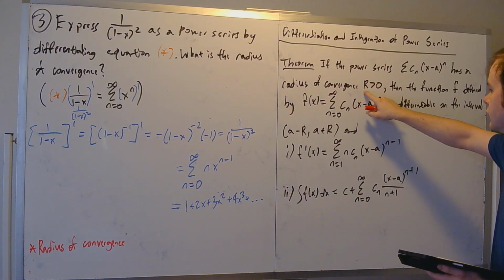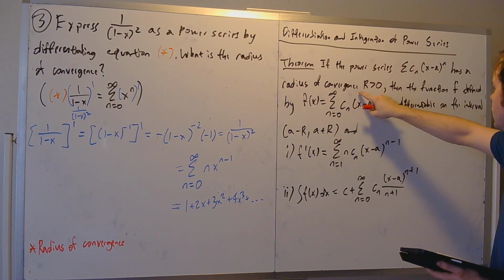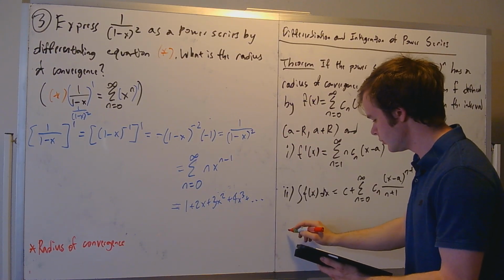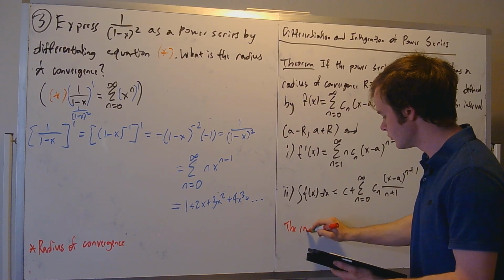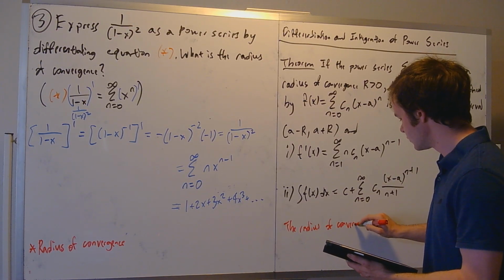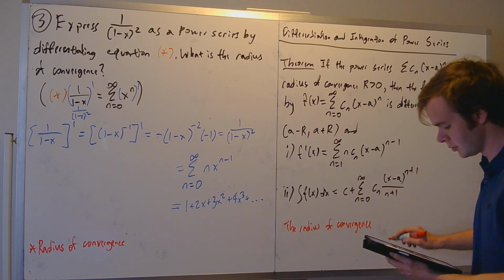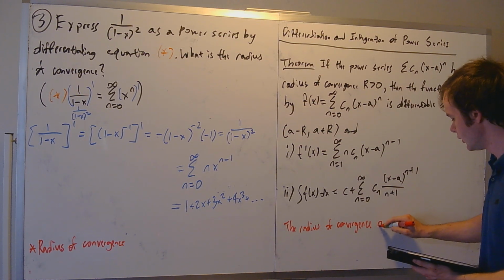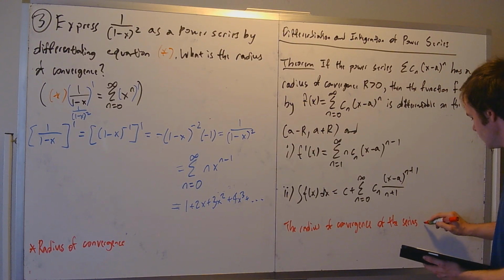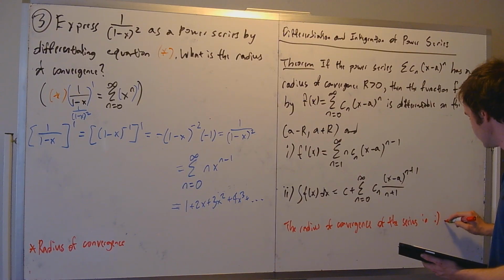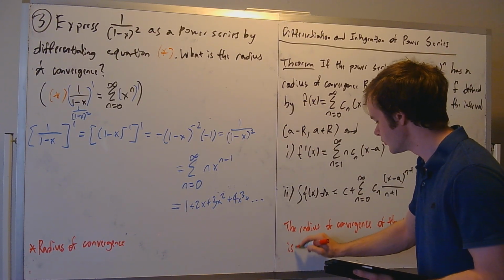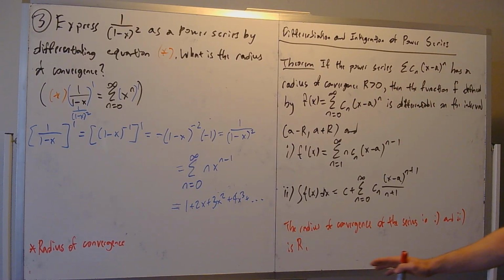What I meant to say is here, whenever we look at the theorem, the radius of convergence is this, and what I meant to write down here was that the radius of the series in 1 and 2 is R. Right, so I should have written this down earlier.